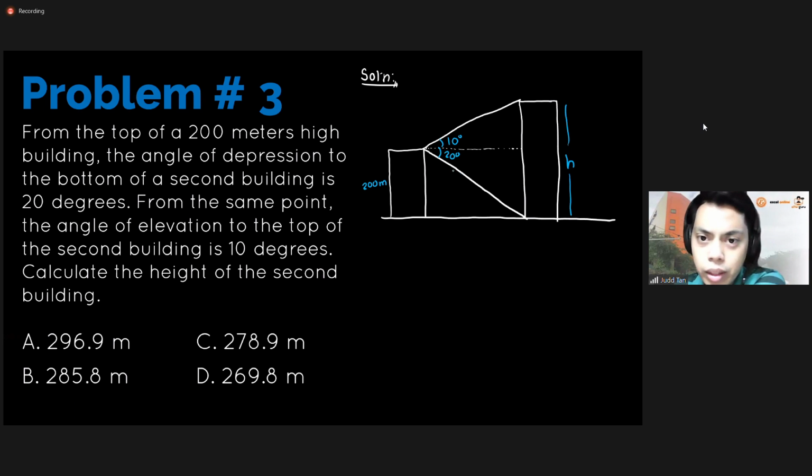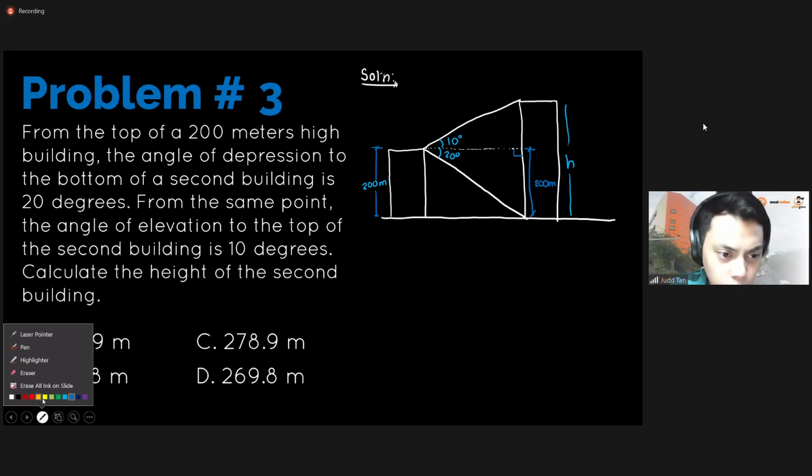For this one, yung 200 meters natin dito sa building, pwede lang natin siyang i-move. So for this triangle, right triangle po siya. We have 200 meters and then 20 degrees. Ano pong gagamitin natin?